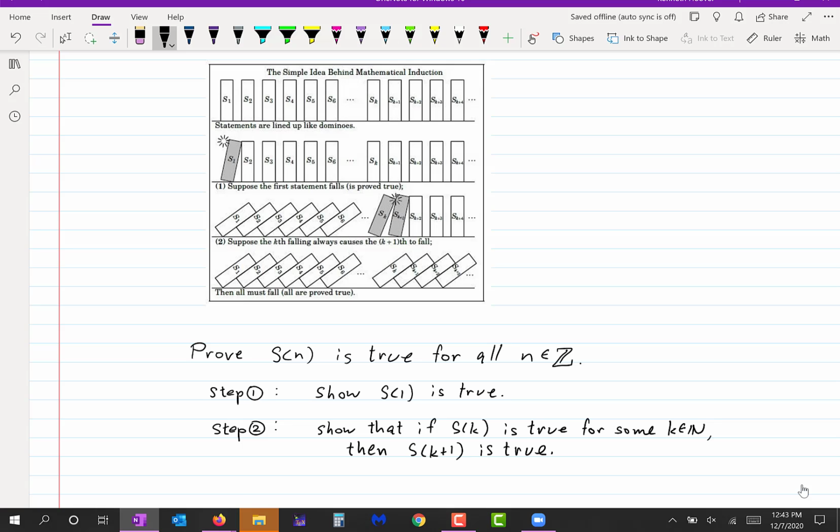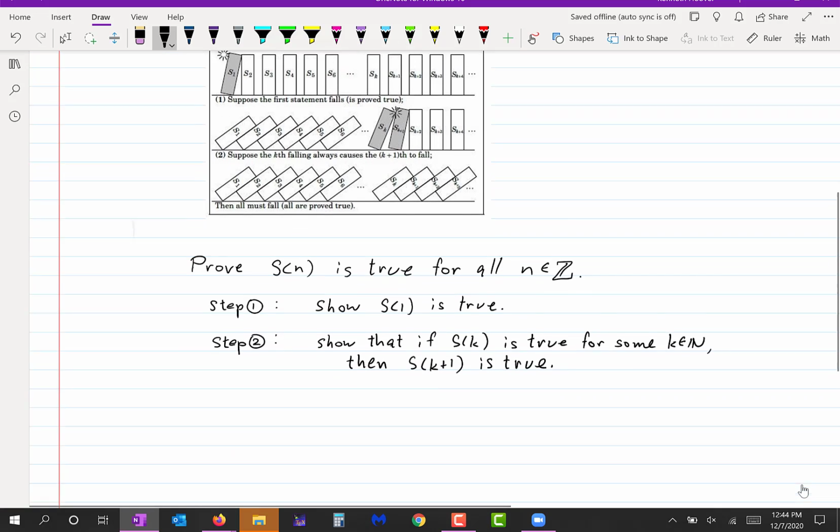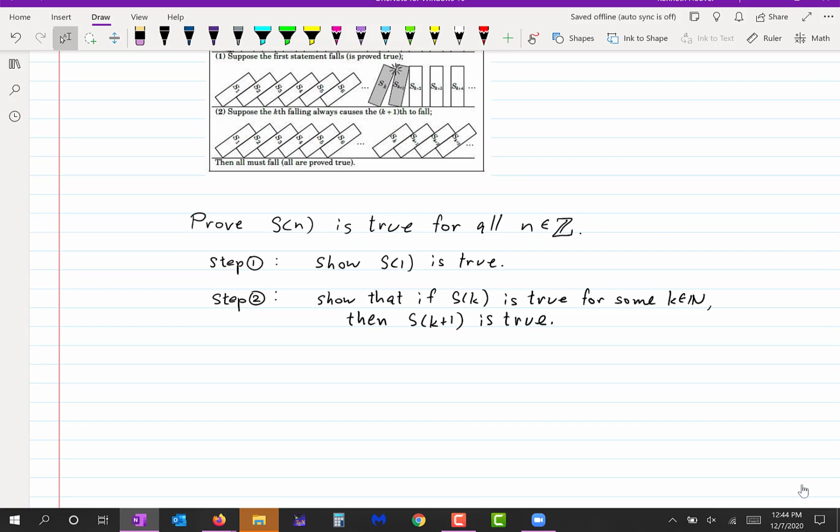Okay, now, how do you do that? That's a conditional, right? You see the words if and then? So that's a conditional. So how do you prove that? Well, usually you can do this directly, and so that means there's going to be a part A and a part B.